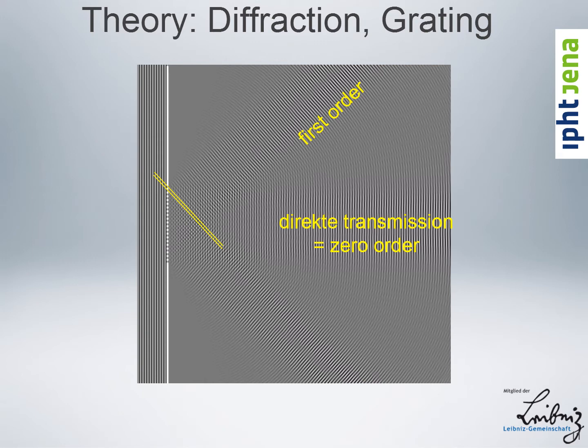And if you want to work out the direction where the first order emerges, you have to realize that there's always one full wavelength discrepancy in this diagonal direction between one hole and the next one. And that's why, again, you get constructive interference of these elementary waves.